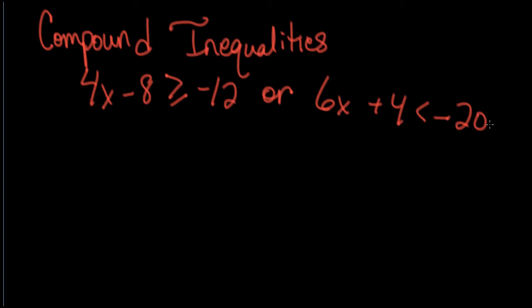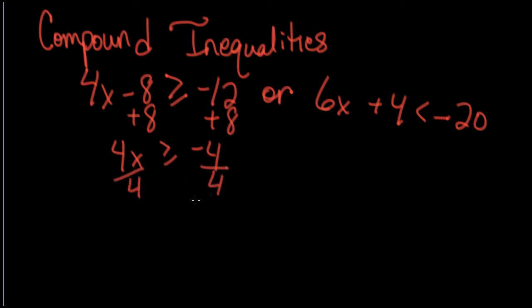Here we have an or problem, a problem that's divided. It's already separated for you, so it's pretty easy to solve. So I'm going to solve them separately. Treat them like they're two separate problems. We have 4x is greater than or equal to negative 4. Divide both sides by 4, and x is greater than or equal to negative 1.